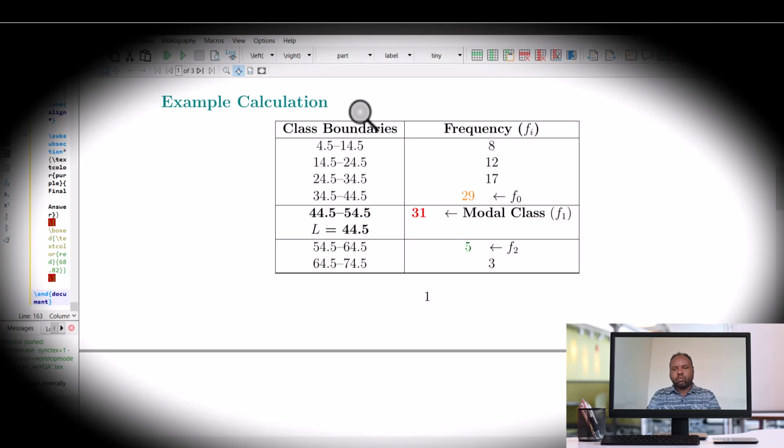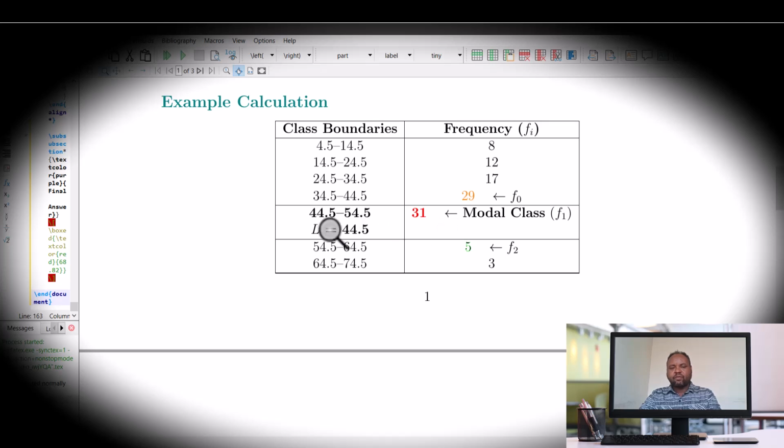How to compute mode from such a frequency table is the question here. The first step is finding the class with the highest frequency. How many classes do we have? We have 7 classes. From these 7 classes we look for the class with the highest frequency.